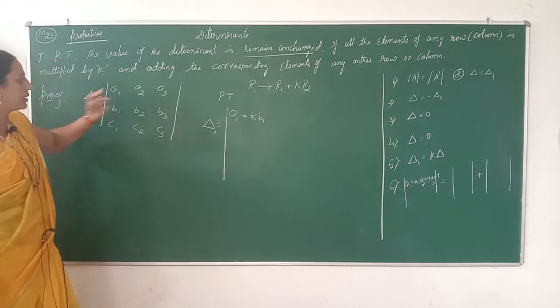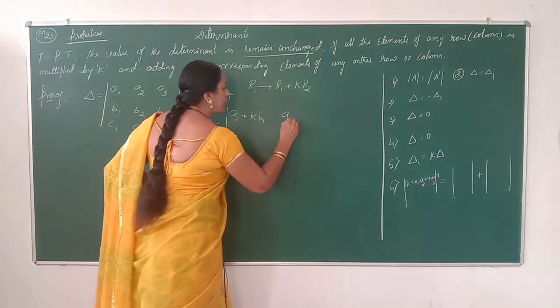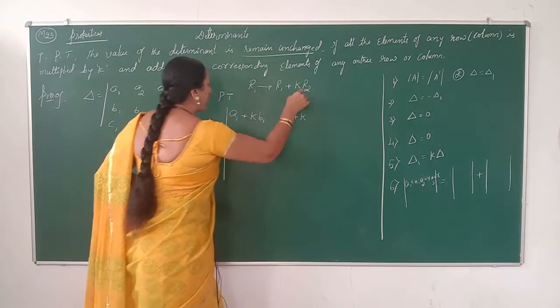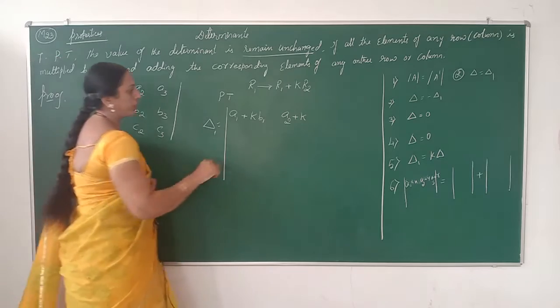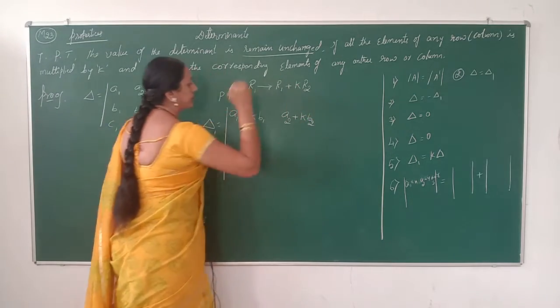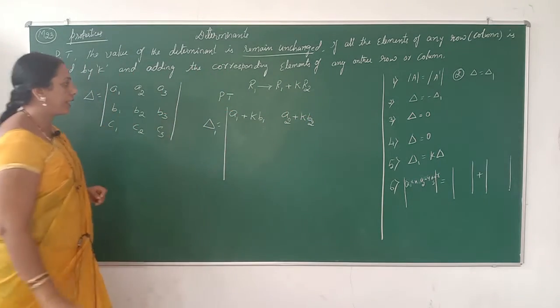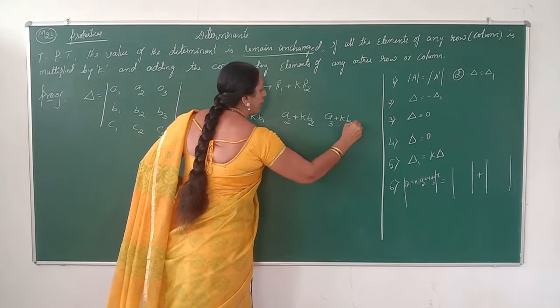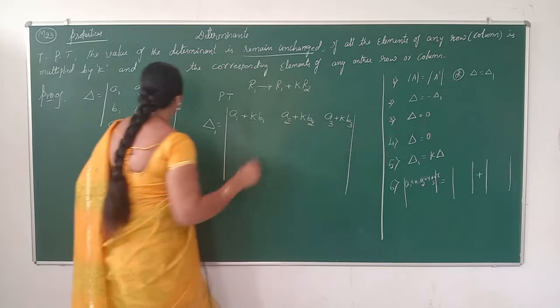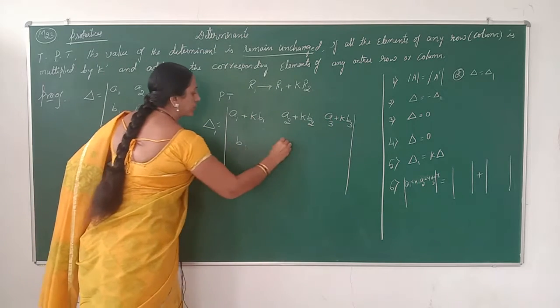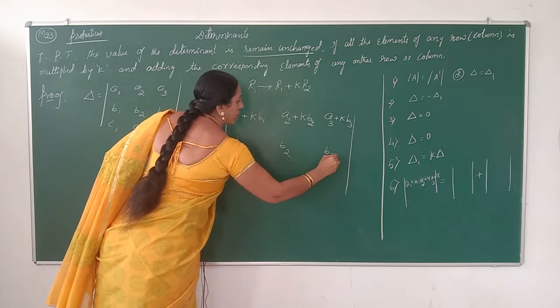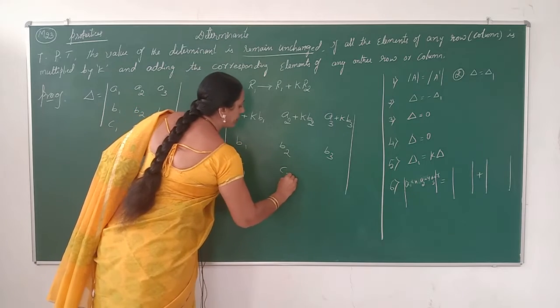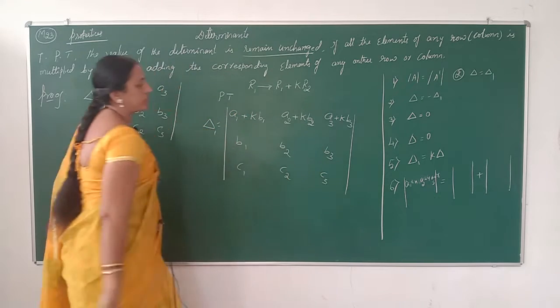The next element is A2 plus k times B2. Then the third one is A3 plus k times B3. The second and third rows are not altered: B1, B2, B3, C1, C2, C3.